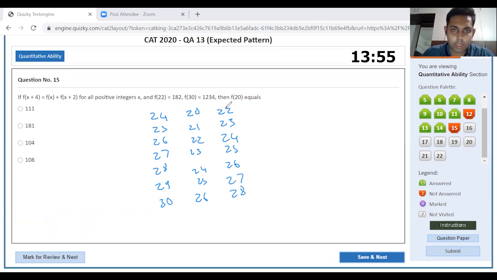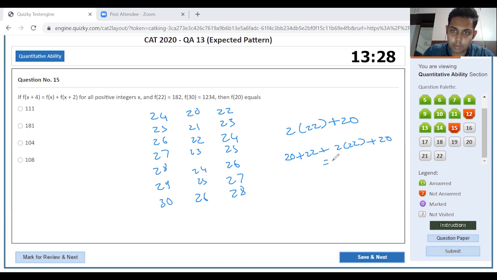So 24 is 20 plus 22. This is 22 and 24 only. So this can be written as 2 times 22 plus 20, which is 26. What is 24? 24 is 20 plus 22 plus 2 times 22 plus 20, which is 26.